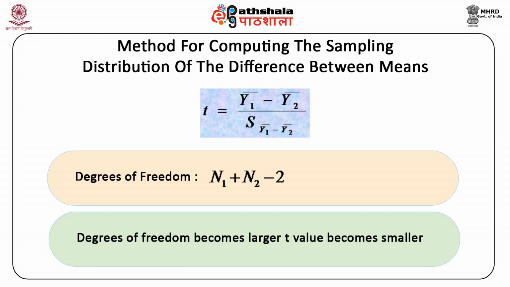The degrees of freedom becomes larger in case of a pooled estimate of the variance. Thus, our t value becomes smaller in such a case.